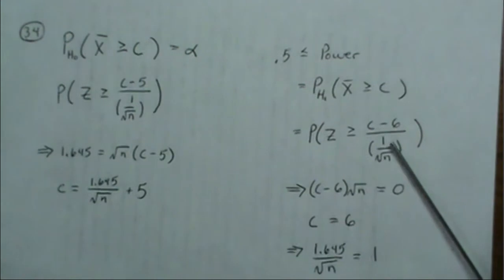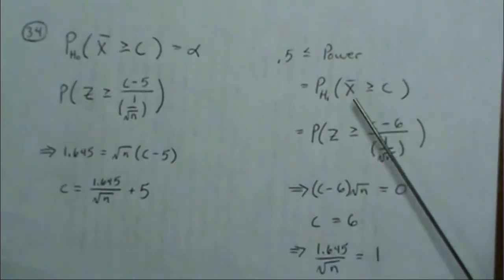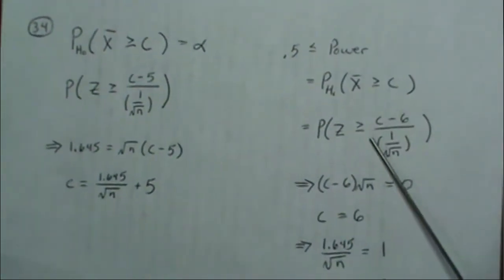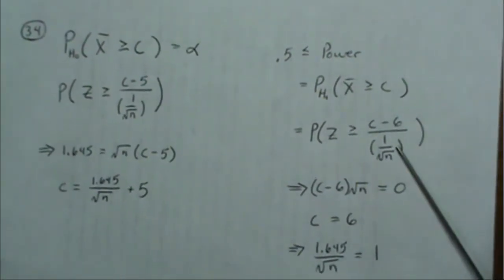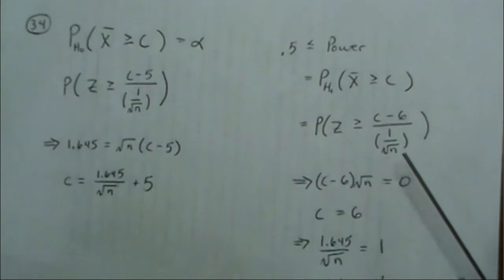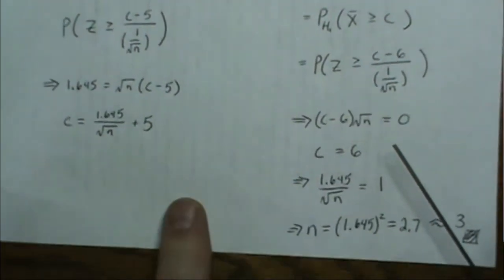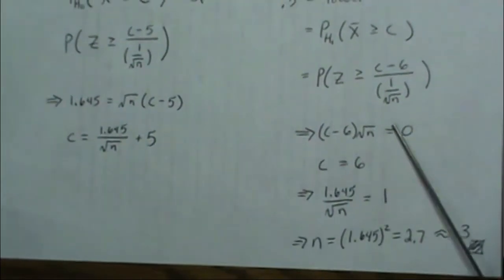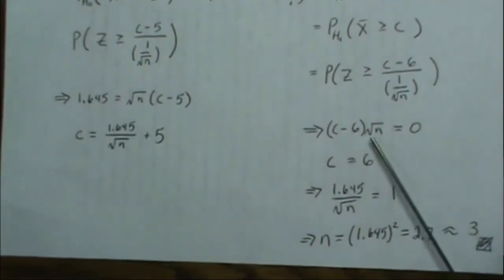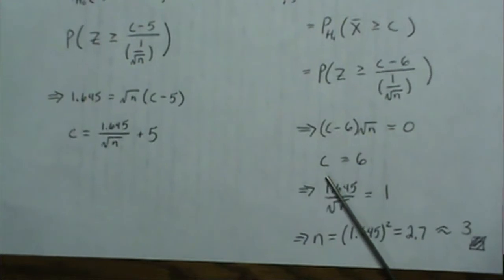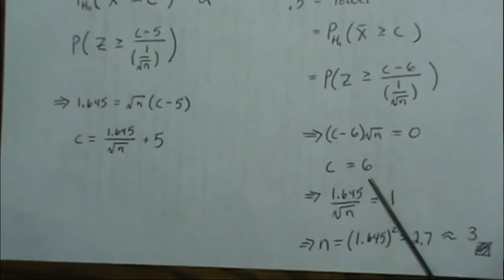Well, to be greater than 0.5, then that implies this quantity here is 0. So then you set this equal to 0 and you solve and you get c is equal to 6.